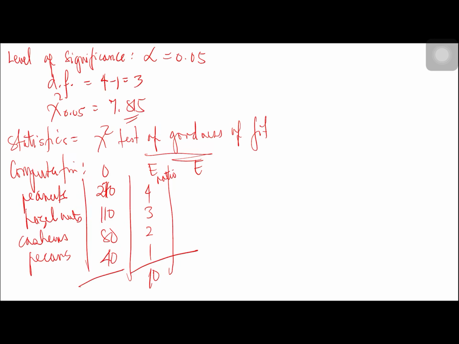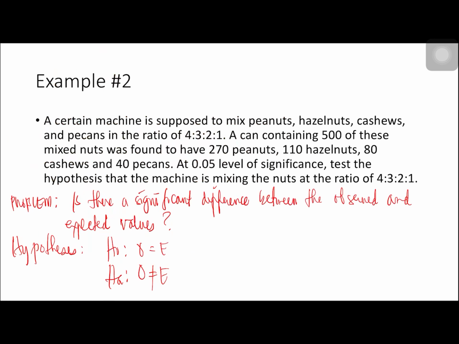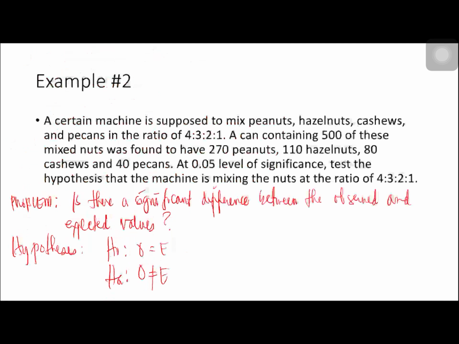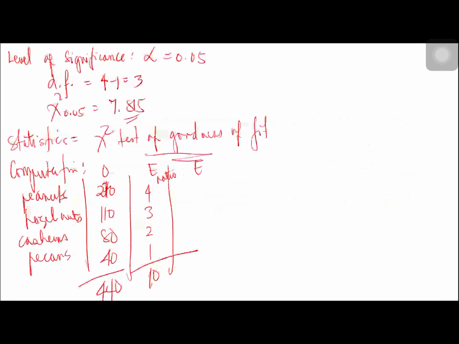We have 270, wait, it's not 210, it's 270. 270 plus 110 plus 80 plus 40 is equal to 500. This is 500, not 440. So 500 divided by 10, we have 50 per part.